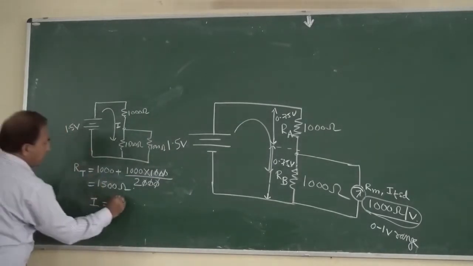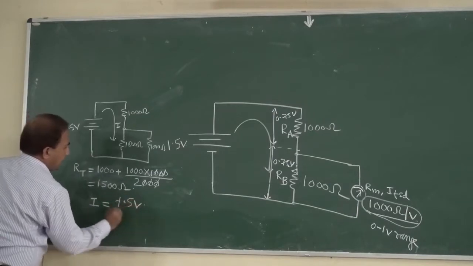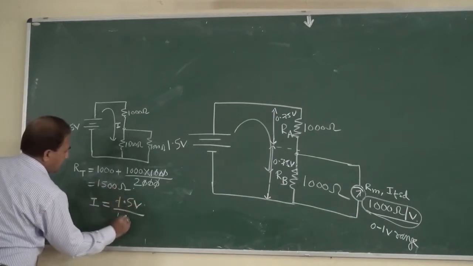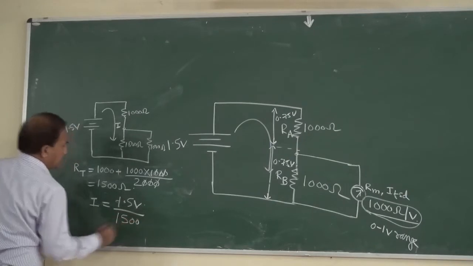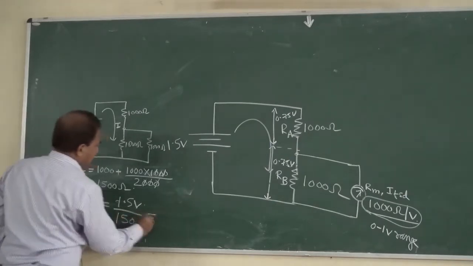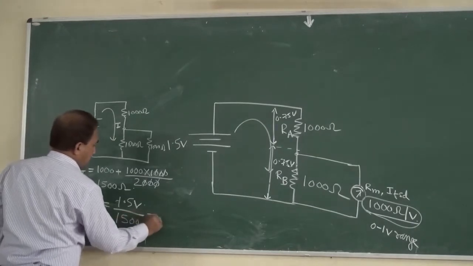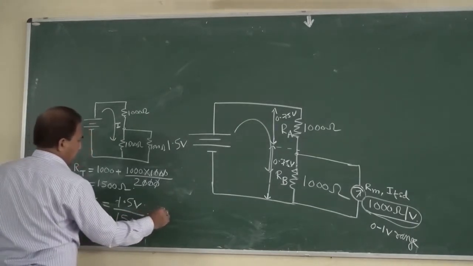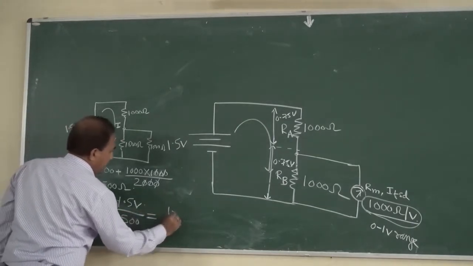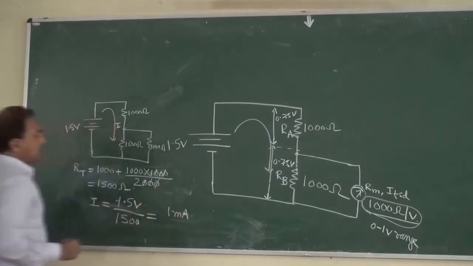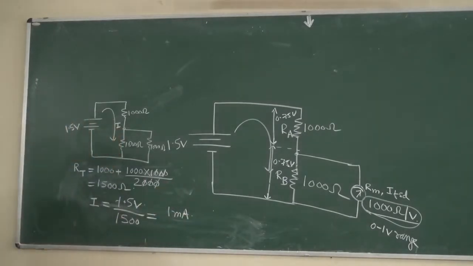It is equal to 1.5 volt divided by 1500. So how much is it equal to? It is equal to 1 milliampere.